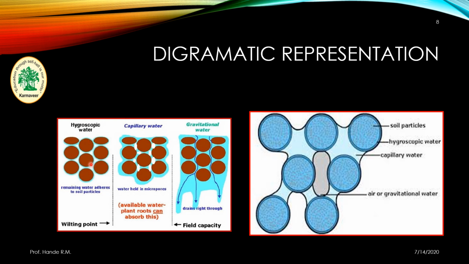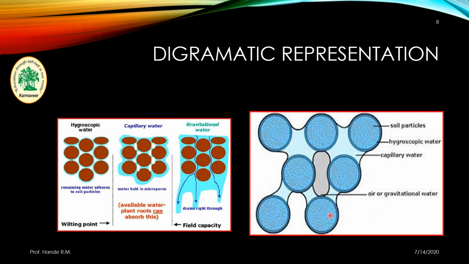Second is capillary water. Capillary water held in the micropores is known as capillary water, and it is available for the plant. Then third is gravitational water. Gravitational water that percolates or drains into the deep soil is called gravitational water.